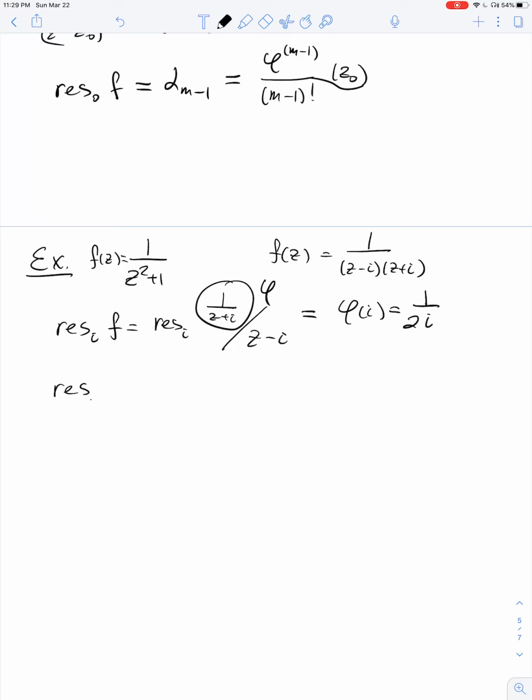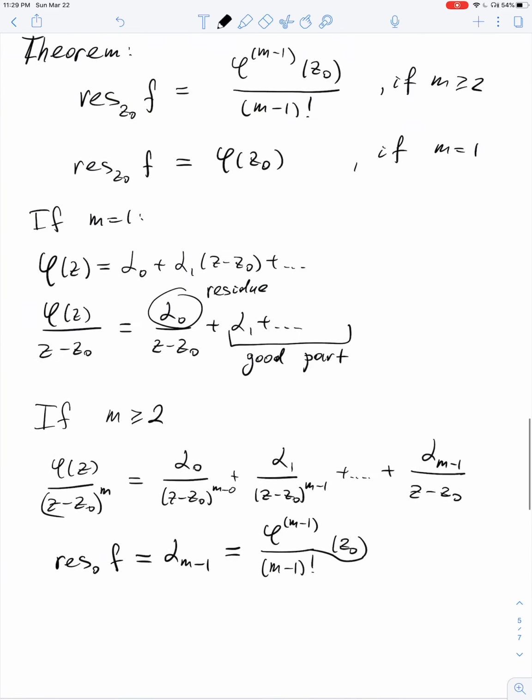And similarly, residue at minus i of f is this. Now, z plus i is a good guy. It's going to be minus 1 over 2i. So you see why I said that these residues will cancel out. This plus this is 0. So now we can go back.